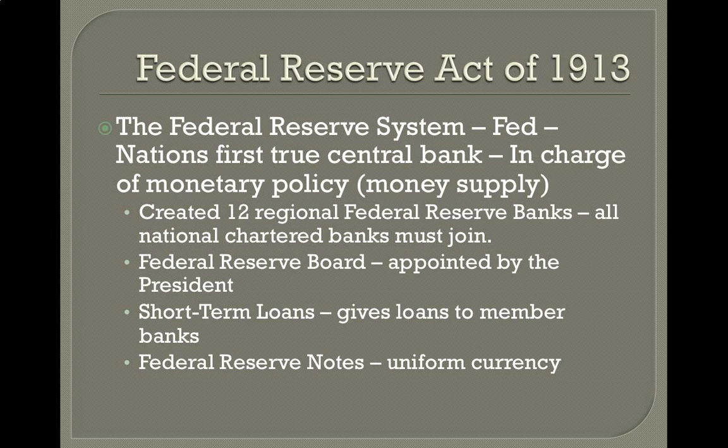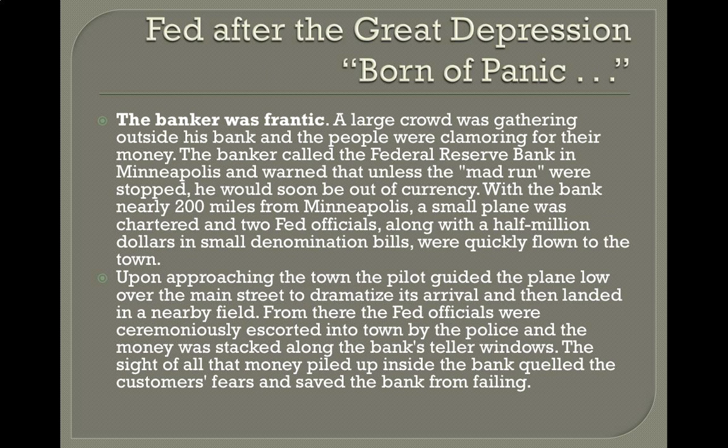State chartered banks could voluntarily join if they wanted to. It also created a Federal Reserve Board, and the board is appointed by the president. It was able to give short-term loans to member banks, and this idea of the uniform currency through the Federal Reserve, through these Federal Reserve notes.